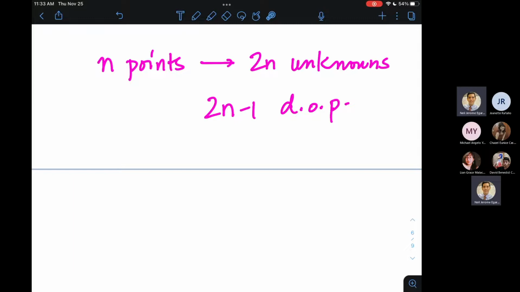So there would be a total of 2n equations that we need to build up, all right? Kasi isang equation para sa isang polynomial of degree 2n minus 1 or less. So nagkakaroon tayo ng isang malaking nonlinear system. So we have a 2n by 2n nonlinear system.